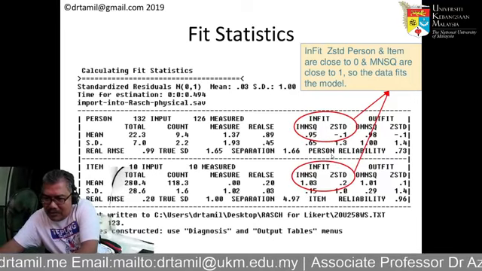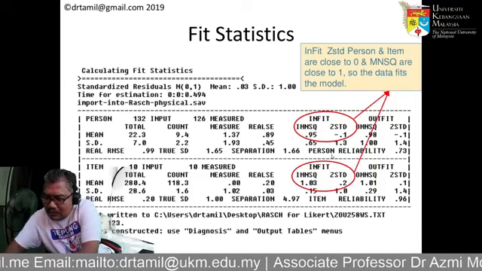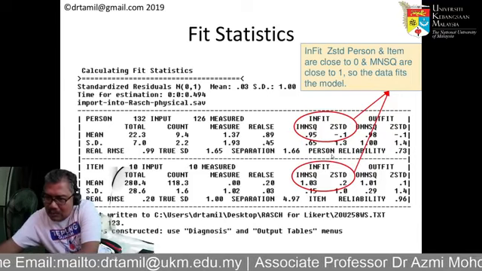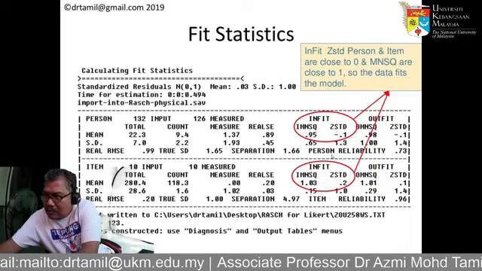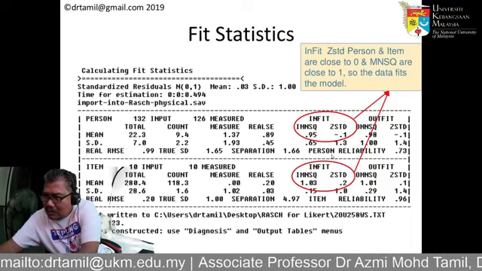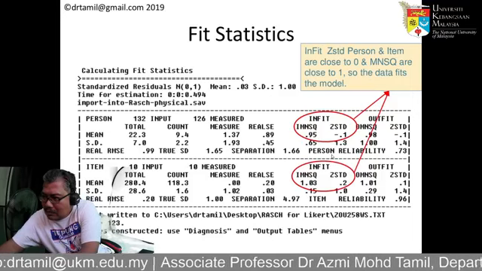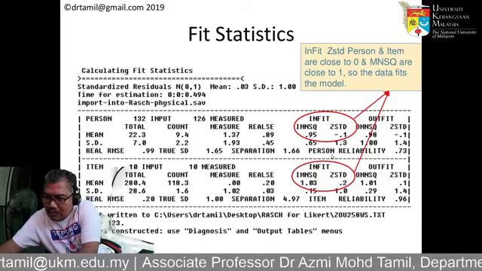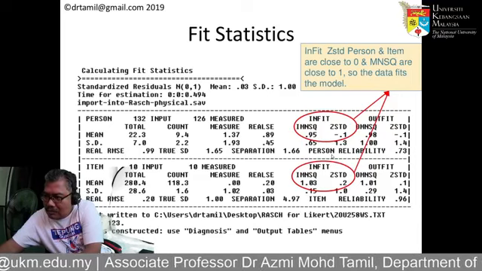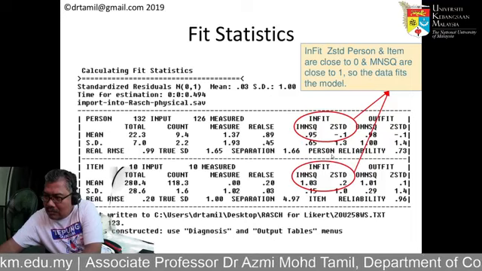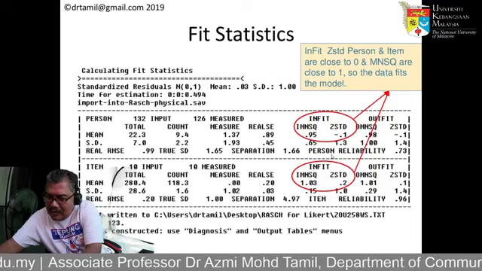Okay, I managed to get the other thing to be running. Yeah.